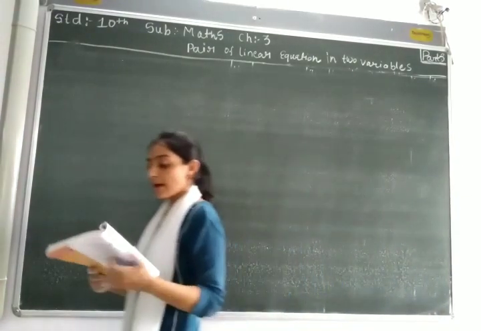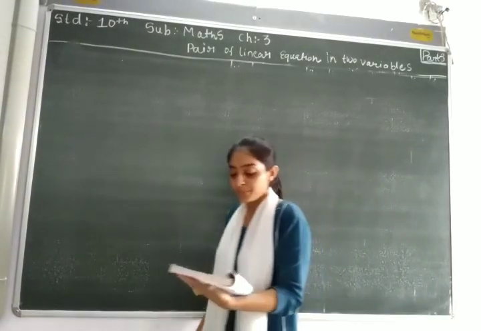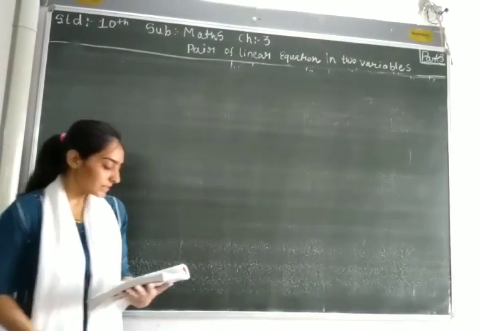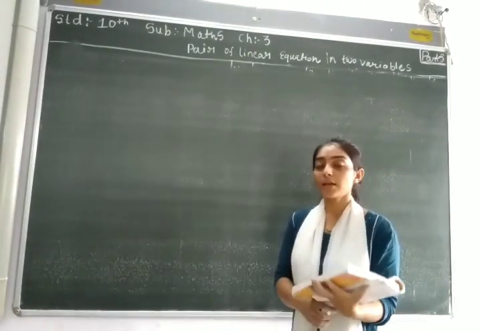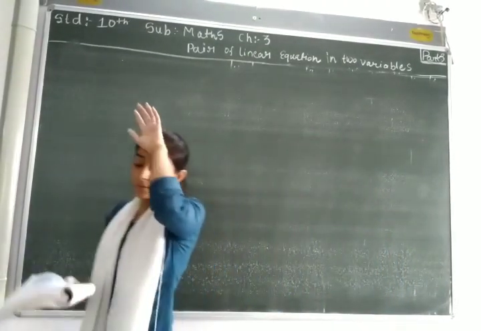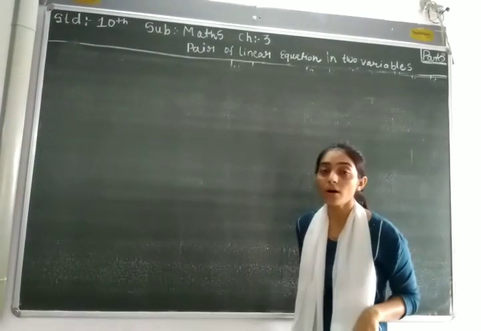So the question: check graphically whether the pair of equations x plus 3y equals 3 and 2x minus 3y equals 12 is coincident. Okay, if so, solve them. Now look at one. See, the question says you have to check graphically. It means you have to draw a graph.